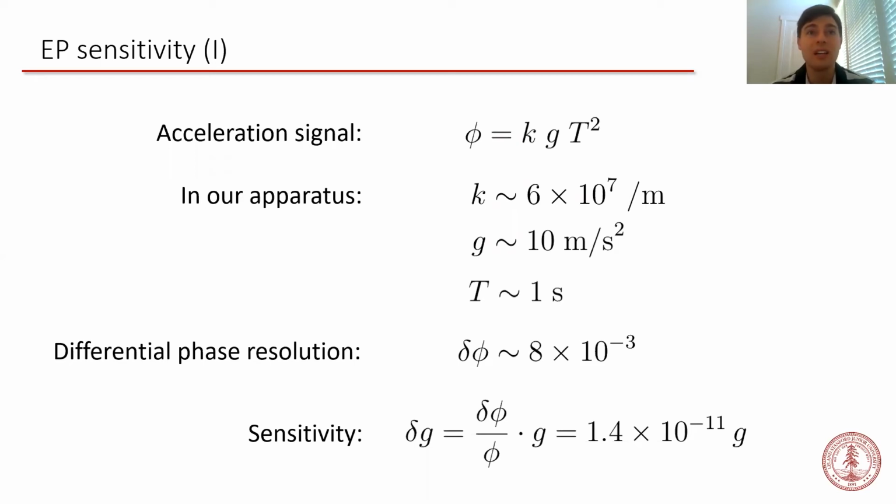But compared to other atom EP experiments, our differential phase resolution is not bad, and our drift time is way longer. In the old experiments, typically the interferometer time T would be 1 millisecond or a few milliseconds, and that comes in T squared, so that's a huge improvement in sensitivity just from the longer time.